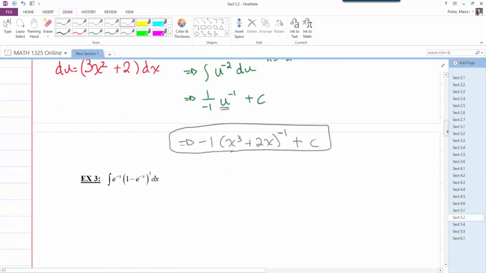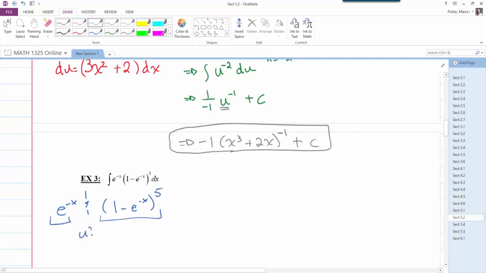Let's do number 3. Now number 3 is tricky because it's got e raised to a function, it's got e raised to the negative x, and it also has something that's being raised to a power. So the question is, which one of these guys is u?